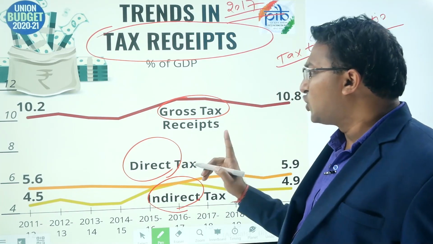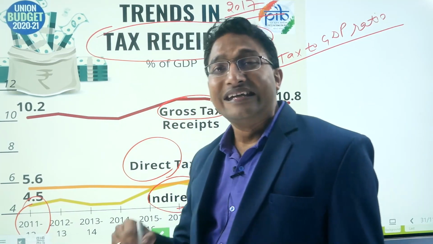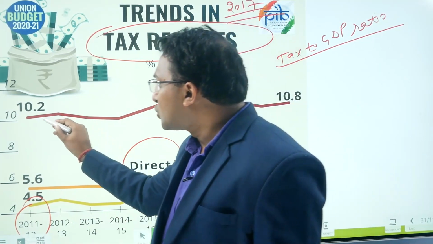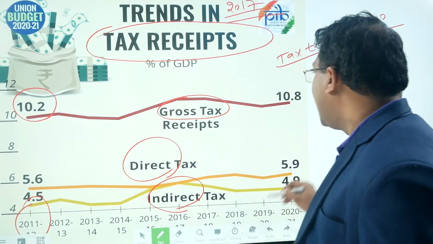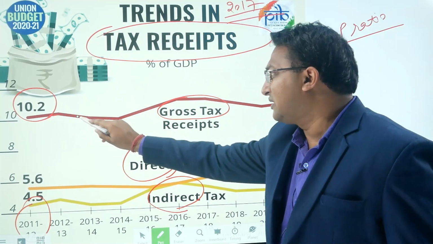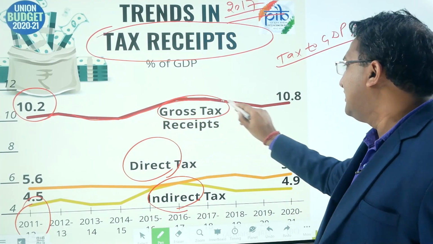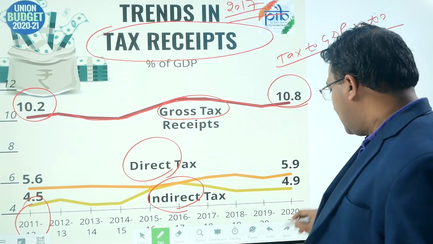If we see, first of all, starting from 2011-12, almost 10 years ago, there was 10.2% tax to GDP ratio. Now there has been fluctuation. There was increase, decrease, then increase, then decrease, right? And finally it comes to 10.8 in 2021.